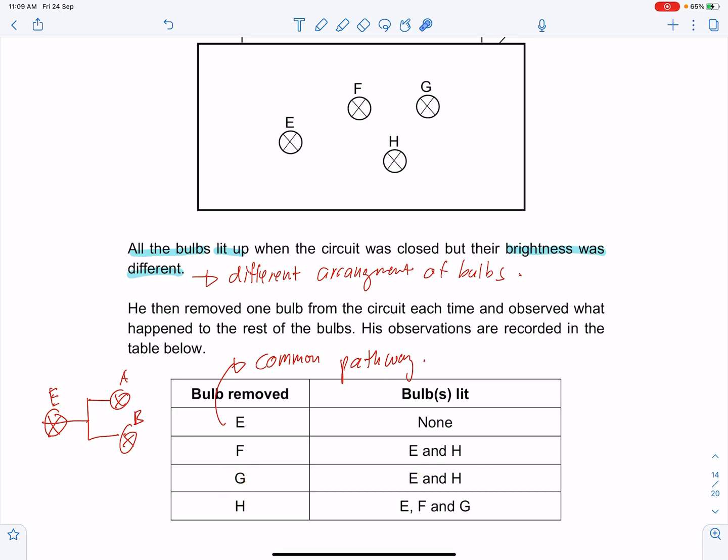That means these must be in parallel. F must be parallel to E and H, and G also must be parallel to E and H. Why? Because if these two are crossed out, it does not affect these two. So they must be in parallel. So write it down.